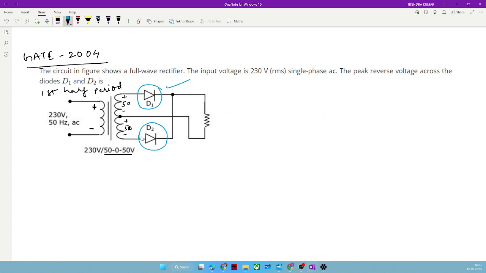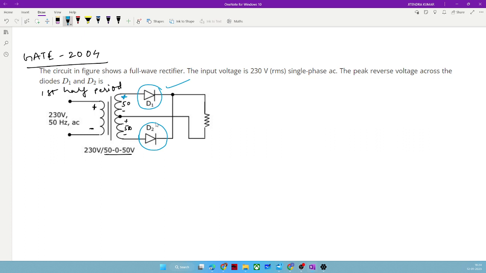As usual, as it was happening in the full bridge rectifier, where T1, T2 were conducting for the positive cycle and T3, T4 were conducting for the negative cycle. Right. You can also see from the notation, if this notation is proper or not, you can verify it. If this terminal is positive, it means this diode is going to turn on.